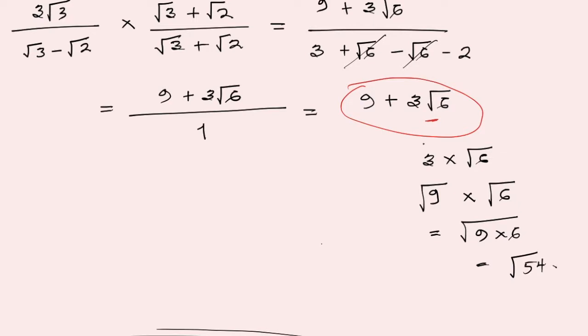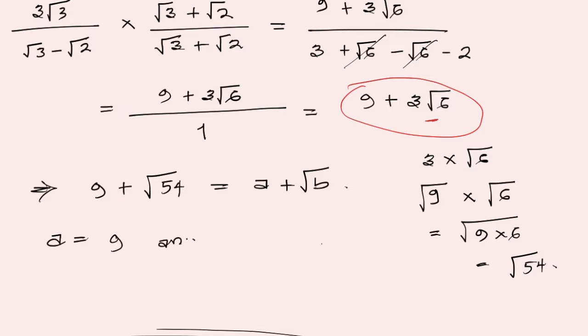So if we put this back into this expression, we have that this becomes 9 plus root 54. And if this is equal to A plus root B, then we can tell that A is equal to 9 and B is equal to 54.